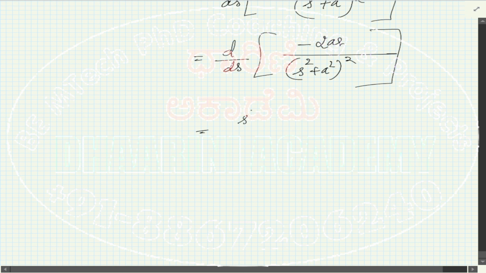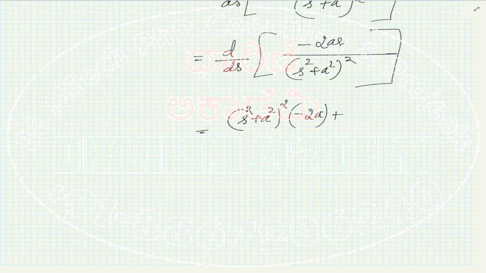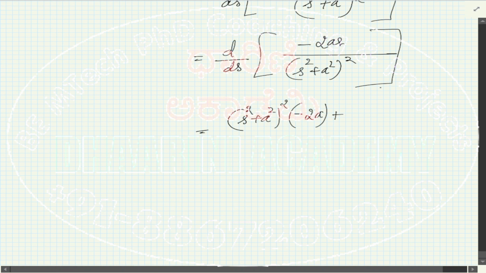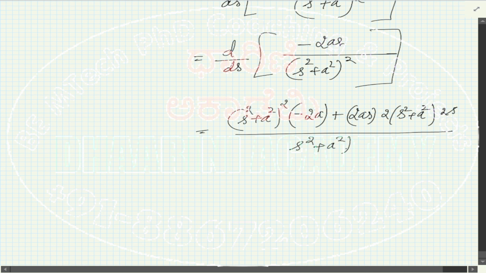So the denominator is (s square plus a square) the whole square into the derivative of the numerator, which is minus 2a, then plus, writing the denominator as it is, minus of minus is plus, so we have 2as as it is into the derivative of the denominator, which is 2 times (s square plus a square) into the derivative of s square plus a square, which is 2s, whole divided by (s square plus a square) whole power 4.